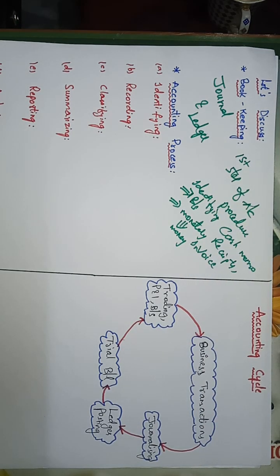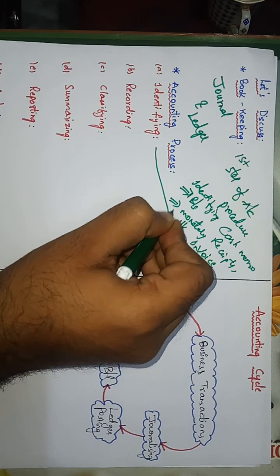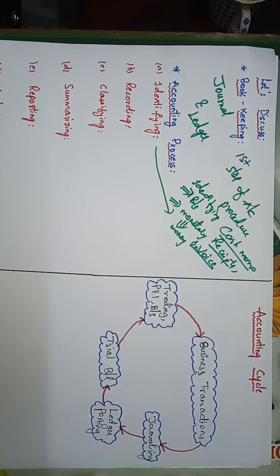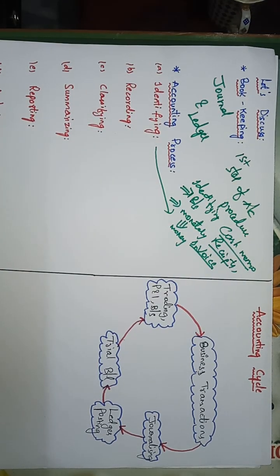Now, accounting process. What do you mean by accounting process? An accounting process starts with the happening of a transaction. Whenever a transaction takes place in a business, it is to be identified from cash memos, receipts, invoices, and different types of vouchers. They are to be checked whether they are related to business and whether they can be measured in terms of monetary units.